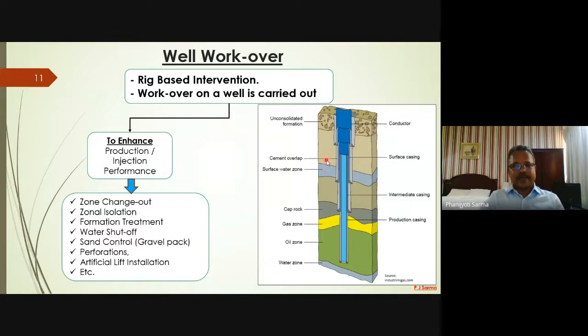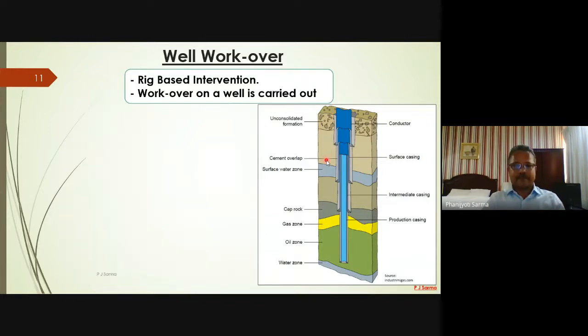So in order to assist the vertical lift, we need to install the artificial lift. So these are, in a broad sense, the activities carried out for enhancing the production or sustenance of the production, or injection to maintain the injection performance.